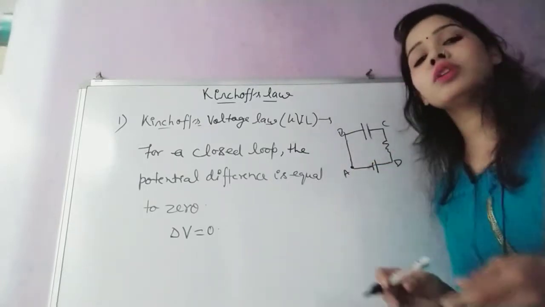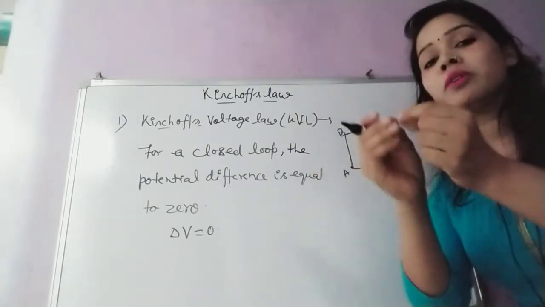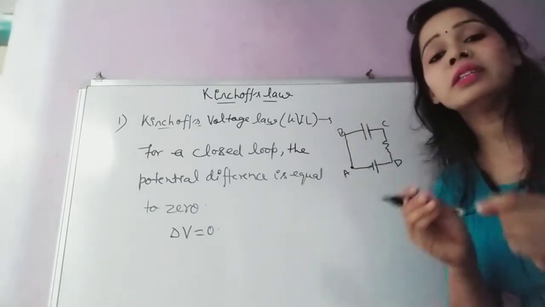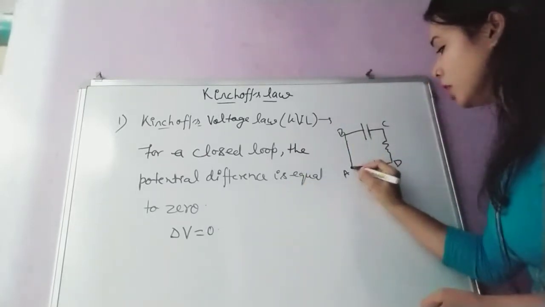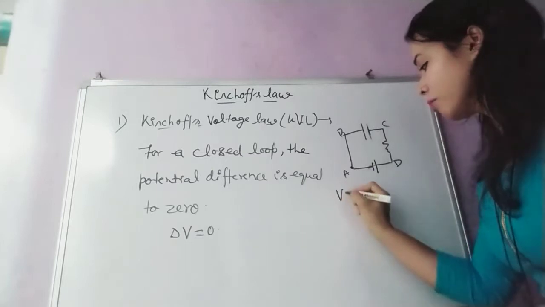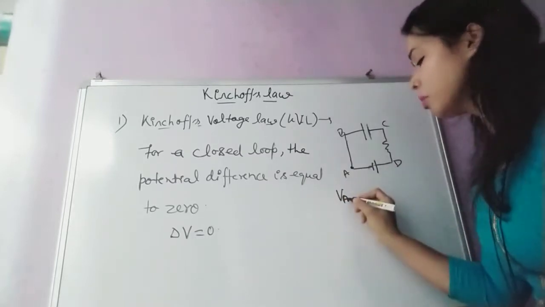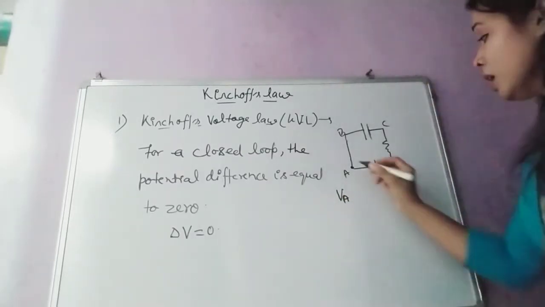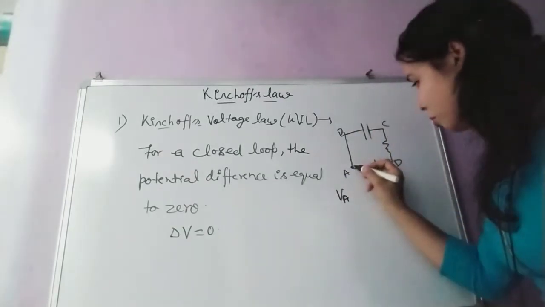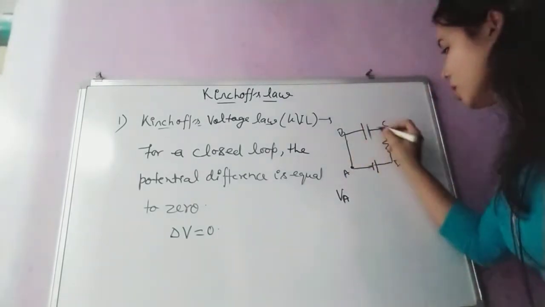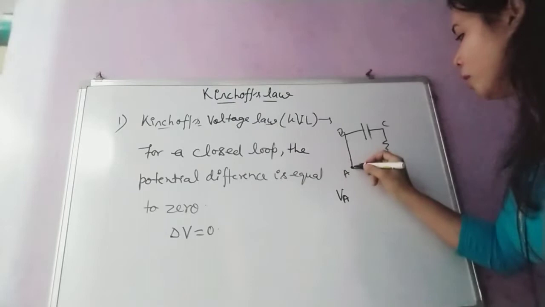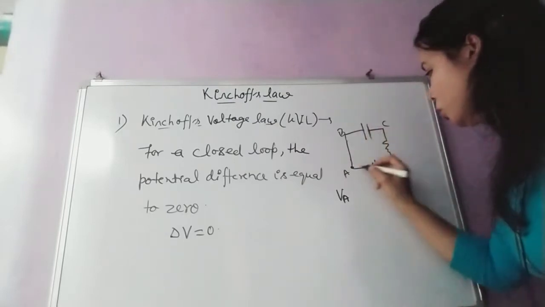Potential difference is the change in potential between the two terminals you have considered. The first terminal is VA. Since you have chosen a closed path, you started from point A and moved back to point A.